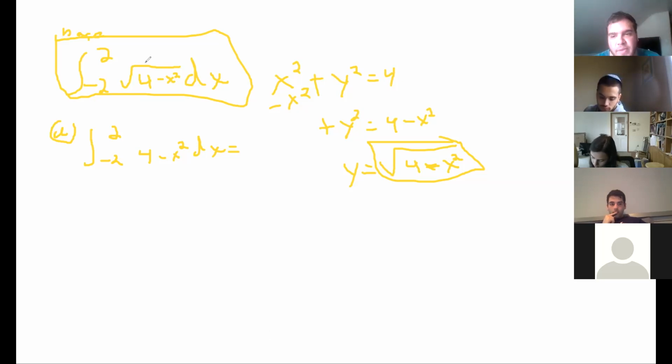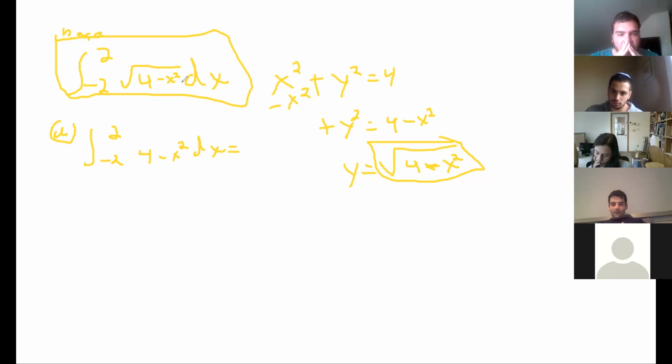I did mention this and it does actually affect the base. So we're going to change the base a little bit. Remember, the square root of 4 minus x squared is only a half function, above the x-axis, right? Because as soon as you plug in something, it becomes imaginary.